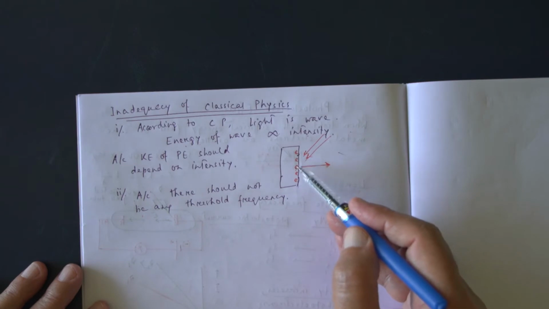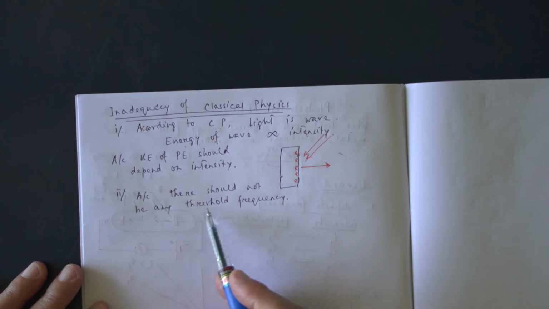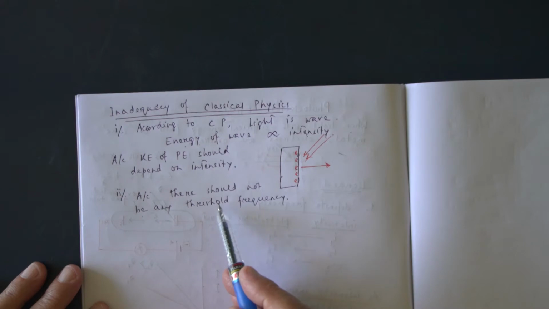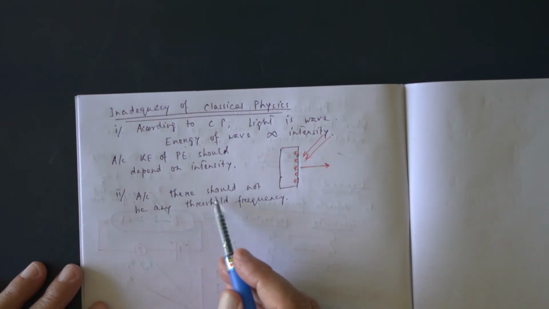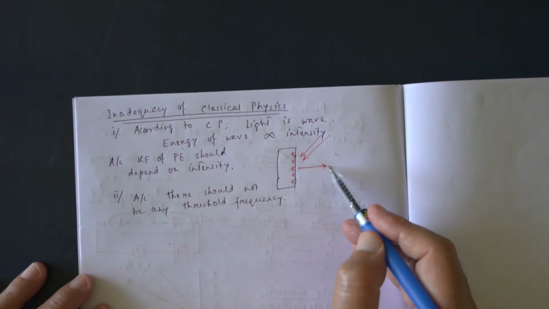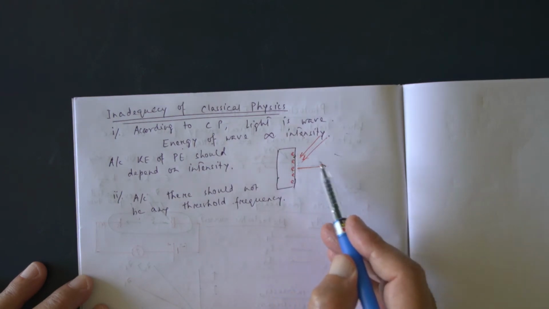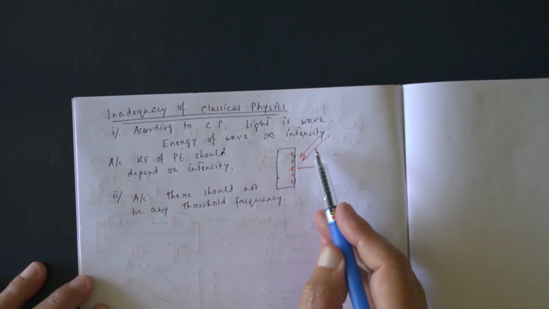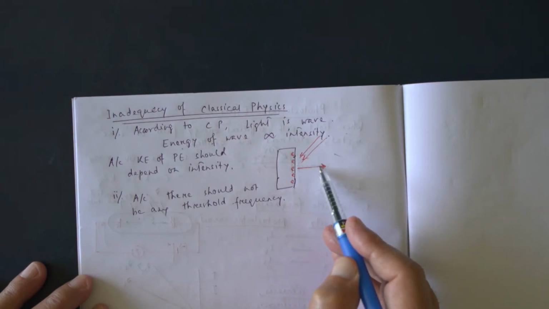More intensity means more energy. And what is threshold frequency? It is the frequency below which no electron is emitted. According to classical physics, electrons should be emitted at any frequency provided the light is sufficiently intense.